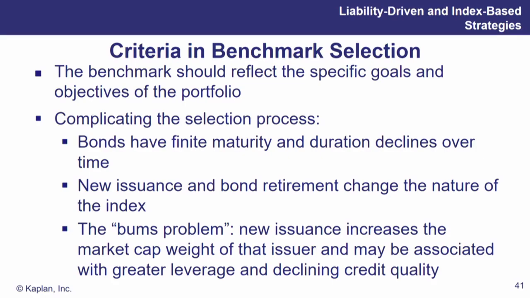One of those cute buzzwords, the bums problem. Indexes are generally market cap weighted. So if you've got a bond issuer who's issuing lots and lots of new bonds, the market cap of the bonds is going up. Weight in the index is going up. But often the issuance of lots and lots of new bonds is associated with increasing leverage and deterioration in quality.